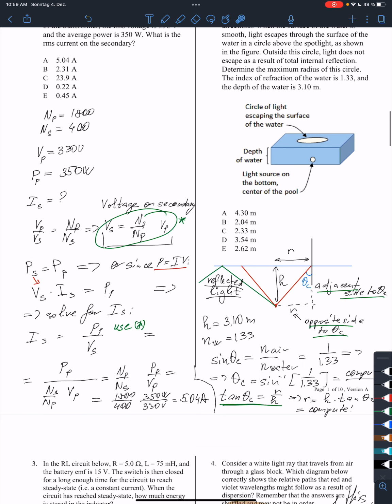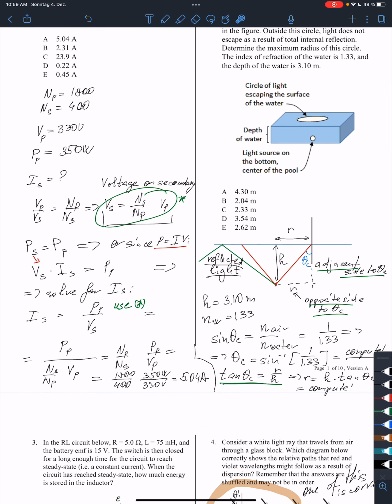We know how to find this because it's given by the ratio of the refraction index for the low refractive material, in this case air, to the higher refraction index, in this case water, so it's 1 divided by 4/3, and then we can solve this for that angle. We can find this angle.